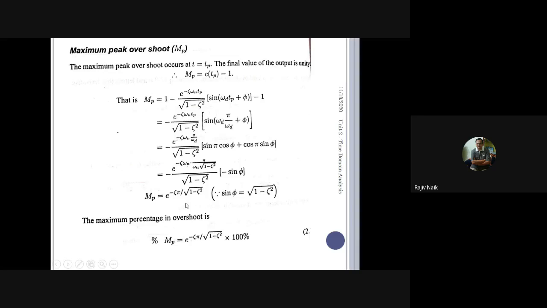It will become like this: MP, that is peak overshoot, is e to the power minus pi zeta divided by root of 1 minus zeta square, and it will be in a fraction. If you want it in percentage, multiply by 100. So these are the derivations.